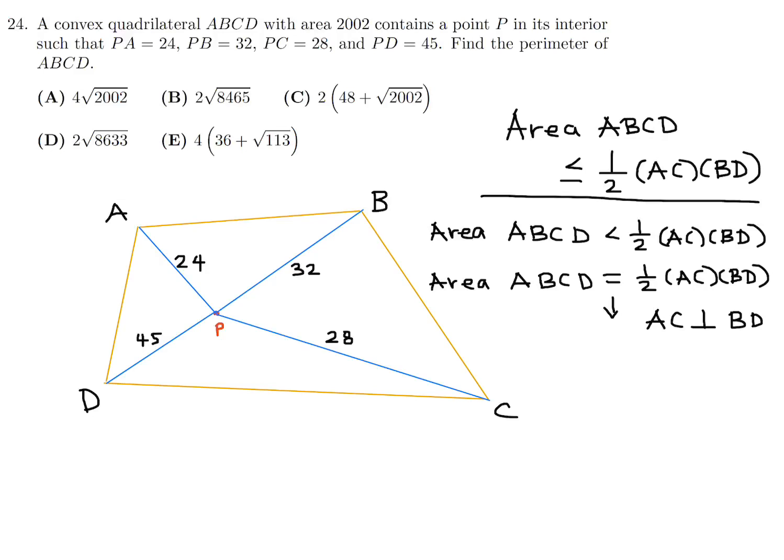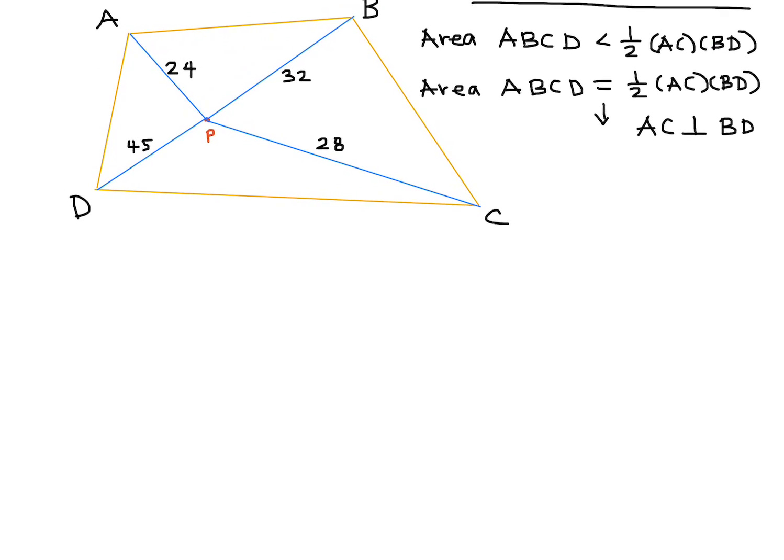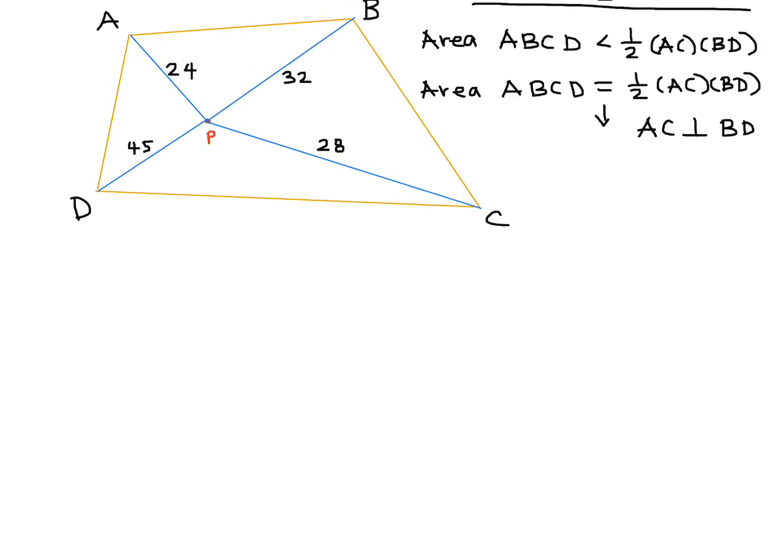So what we have to do now is we have to look at the numbers they give us and compare. So what we need to do is compare the area to the diagonals.